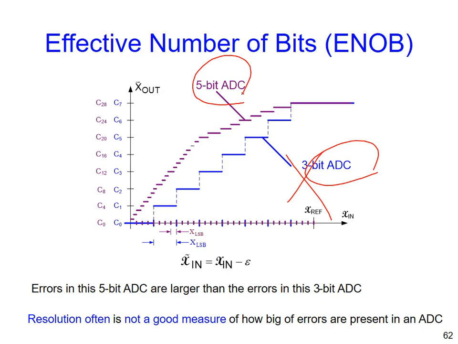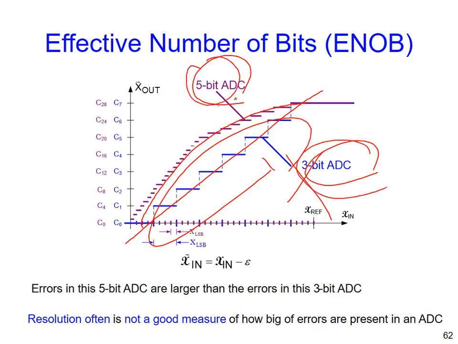But if you look at the measurement, this is for 3 bits. It looks linear, right? And how about such kind of 5 bits? It looks like a curve instead of a line, right? So which one is better for INL? Definitely, this one is much better than that.